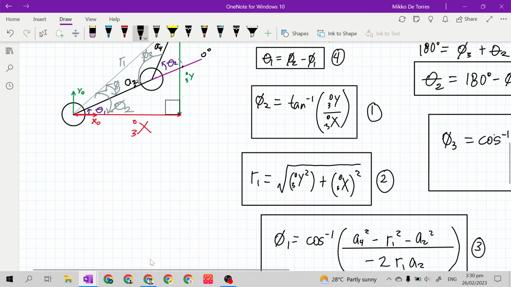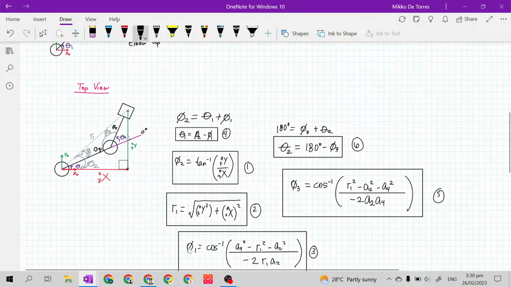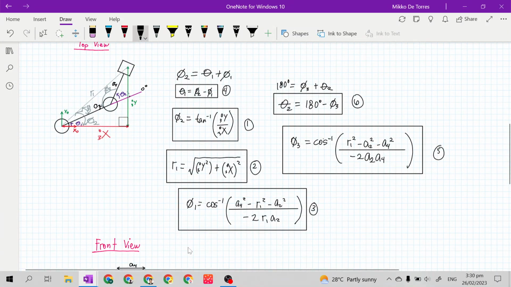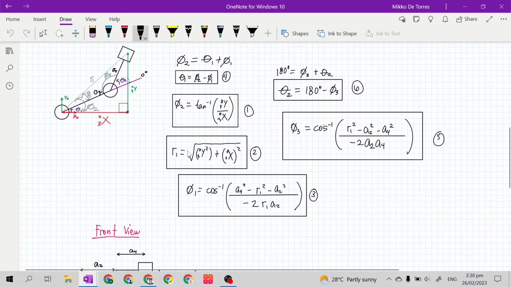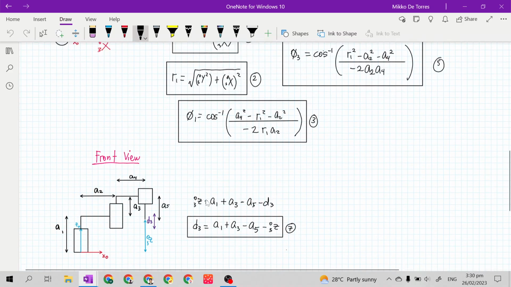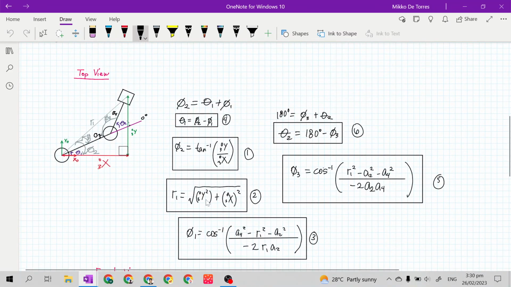So again, these are the formulas or the solutions to solve for the inverse kinematics of this SCARA manipulator using graphical method. So we have 1, 2, 3, 4, 5, 6, 7 equations or formulas.